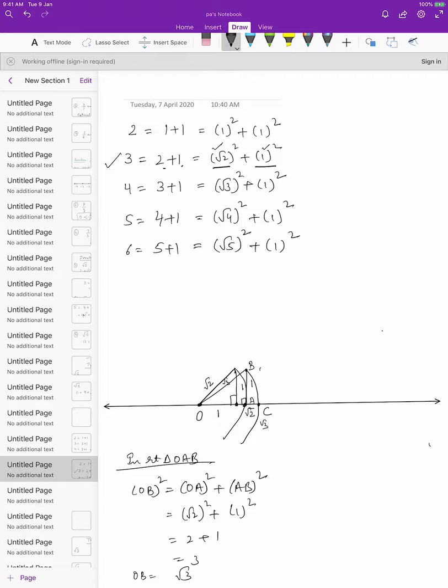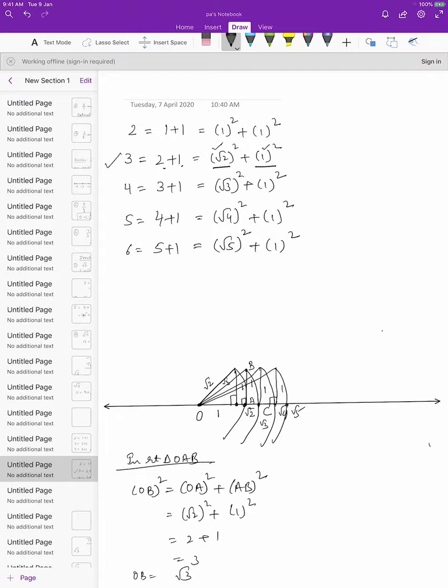Similarly, if I take one unit perpendicular to this and join it and draw an arc, I will get under root 4 by using Pythagoras theorem only. Again, if I take one unit perpendicular to it, join it to the center, by Pythagoras theorem I will get this length to be root 5 and so on.